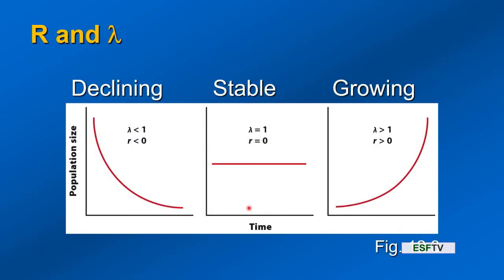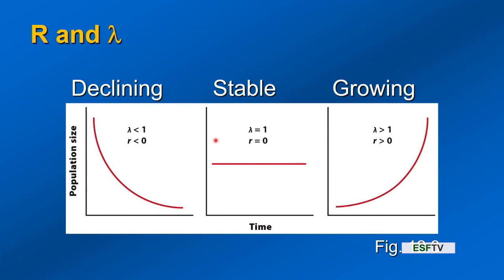So look here, we have 3 different figures. On the left side, we have a declining population size on the y-axis over time. And then in the middle, we have a stable population. There's no growth, no declining. And then on the right side, it's a population that's growing.